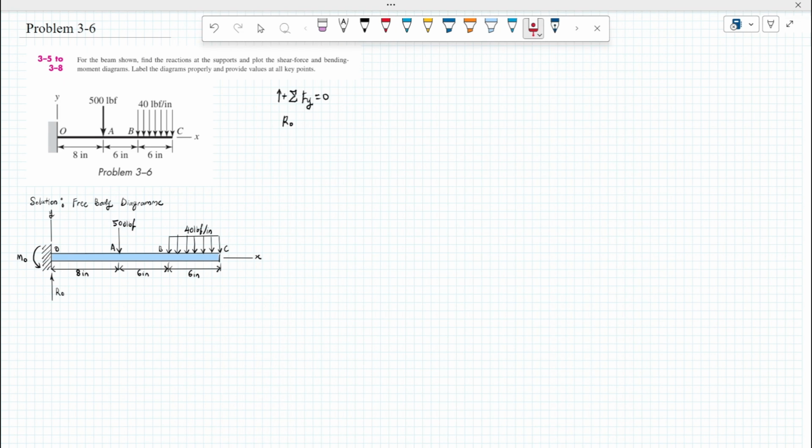Then at A, the 500 pound force going downwards is negative. And from point B to point C, we have a distributed force of 40 pound force per inch. To solve this, it's quite simple actually.